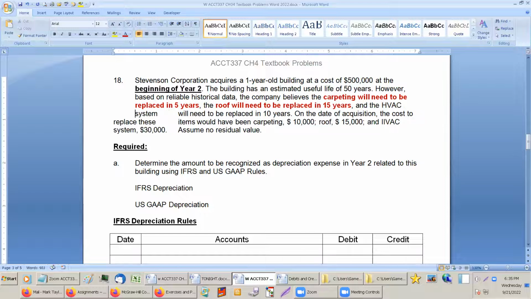And that's the heating and air conditioning system, which will need to be replaced in 10 years.